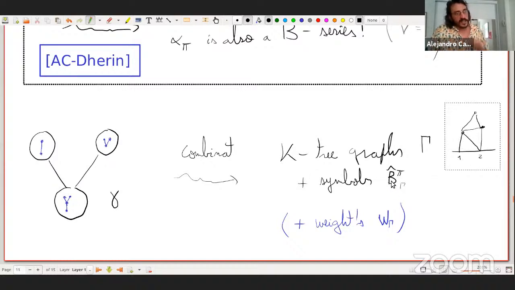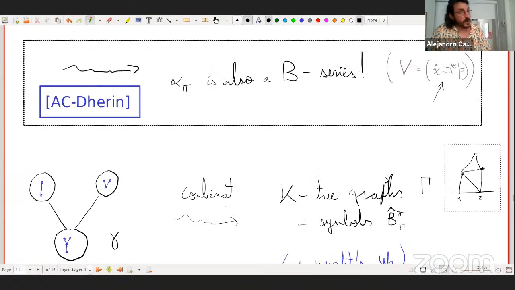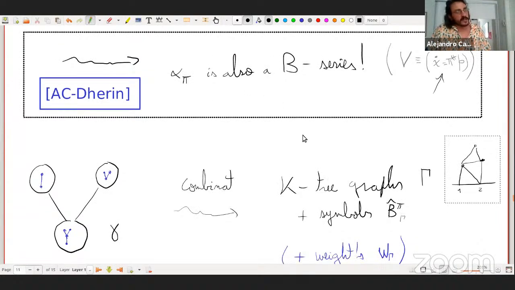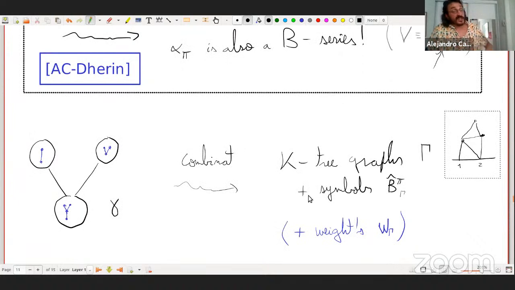And not only the graphs, the Kontsevich symbols also arise in a very particular way from the combination of the Butcher series of the elementary differentials. And there is even more: the Kontsevich weights that appear for the trees can be related to certain numbers that appear from the point of view of iterated integrals.